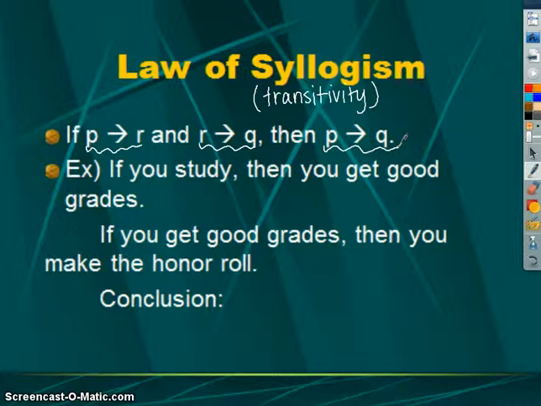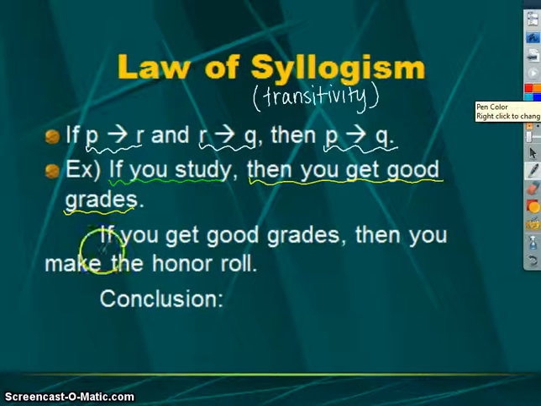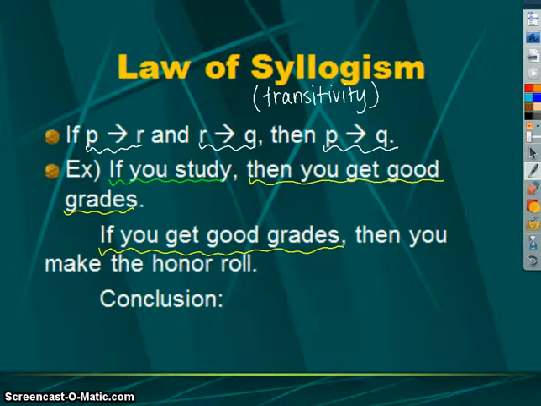All right, so if we look at this example to kind of illustrate this a little bit. So if you study, then you get good grades. Okay, so that's like the P and the R. Then it says, if you get good grades, so there's the good grades part, so there's the R again. So if you get good grades, then you will make the honor roll.